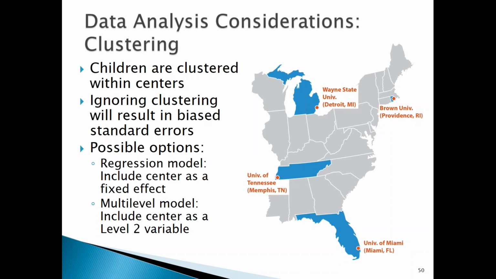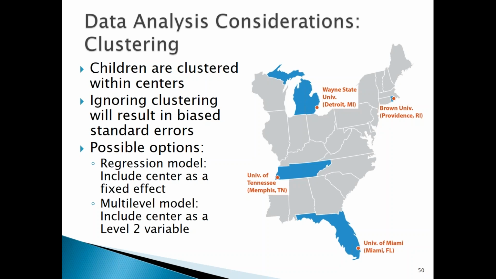For example, we have Rhode Island, Michigan, Tennessee, and Florida, and those populations tend to be very different. Knowing that the children are clustered within centers, you really need to take that into account when you run your statistical models. If you ignore that clustering, you could have biased standard errors and then improper conclusions in your results.